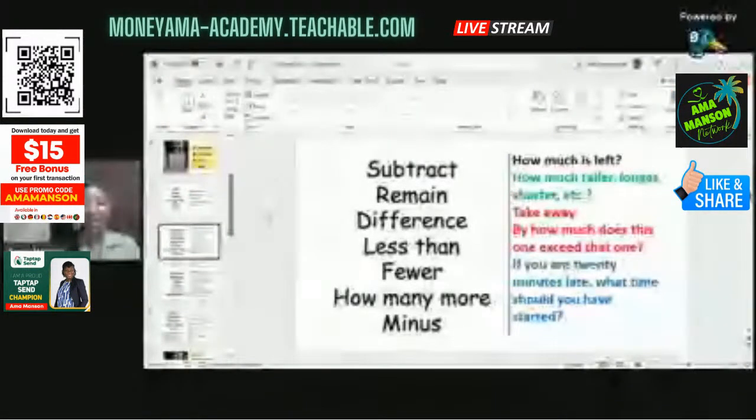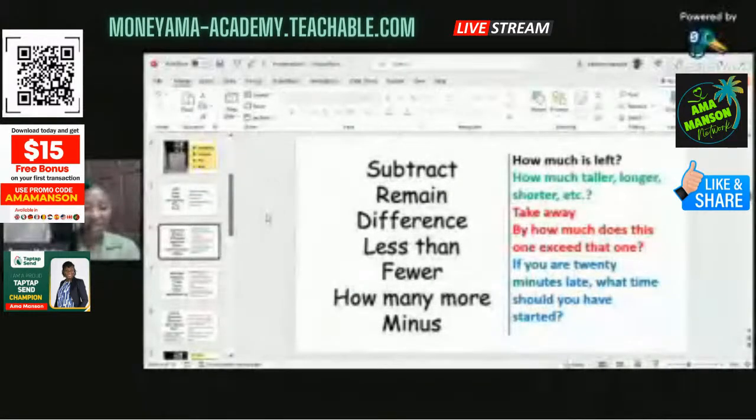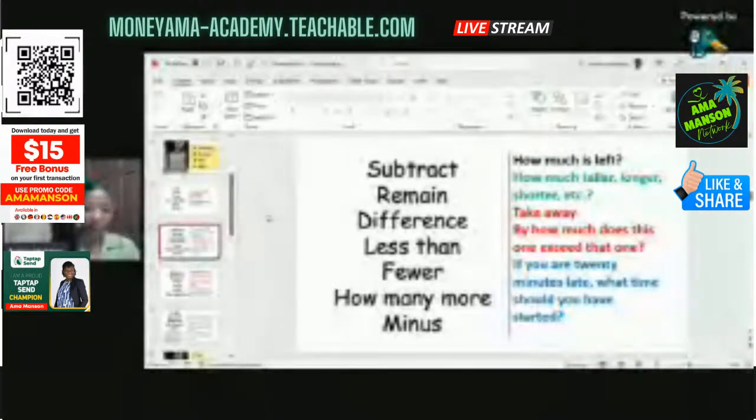Subtraction. It could be said that addition and subtraction are opposites. In addition, more things are coming on. In subtraction, you're actually reducing or taking away from what was there before.